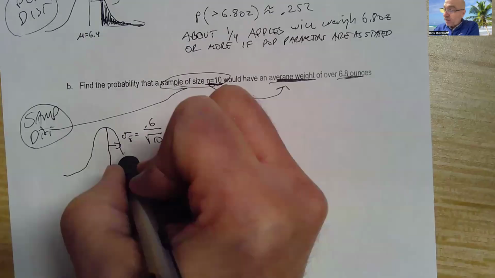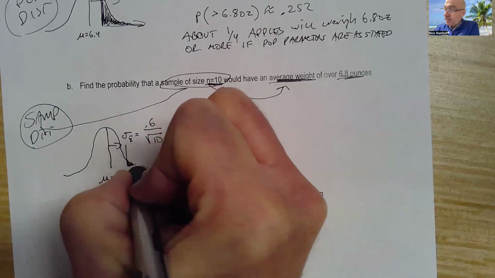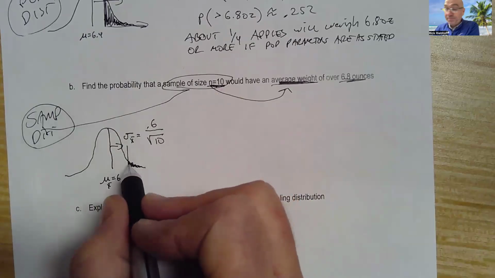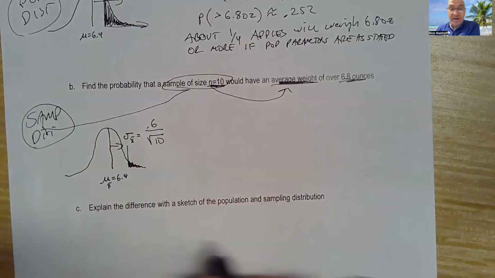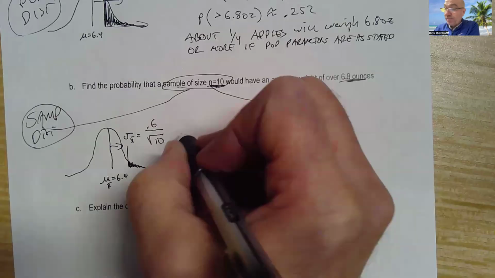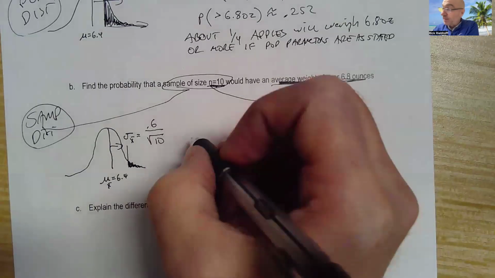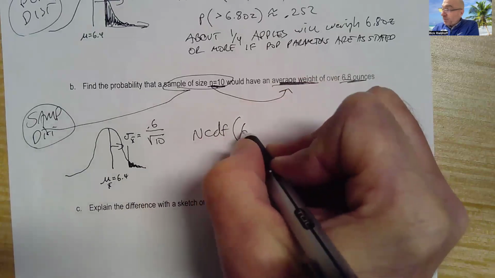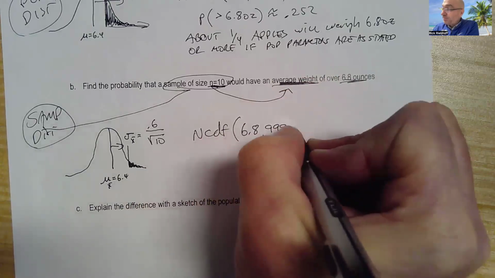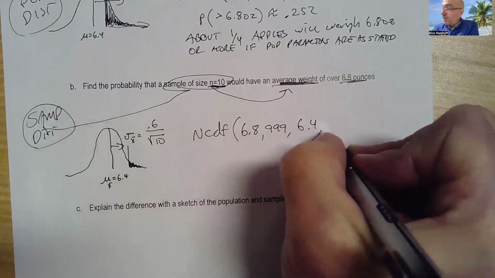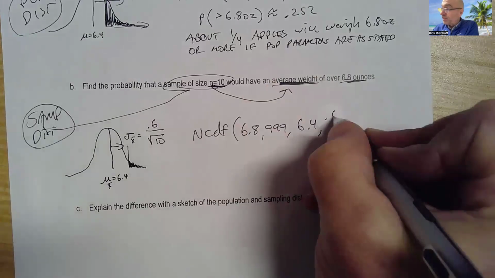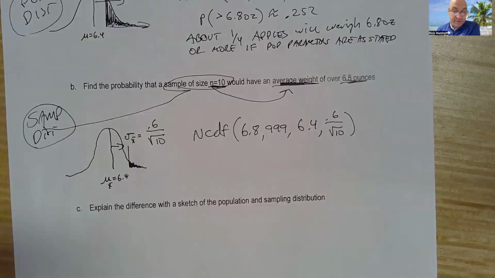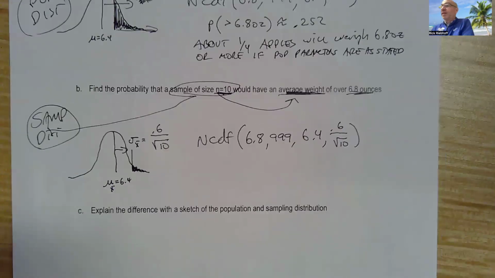So that 6.8 and above is going to be from here and over. We'll see it down here visually, but it's going to be a smaller probability of this happening, right? So I'm going to go normal CDF, 6.8, big number, and then 6.4, but now our standard deviation is 0.6 over square root of 10. Okay, plug that into your calculator, see what you get. Ooh, I haven't done it.